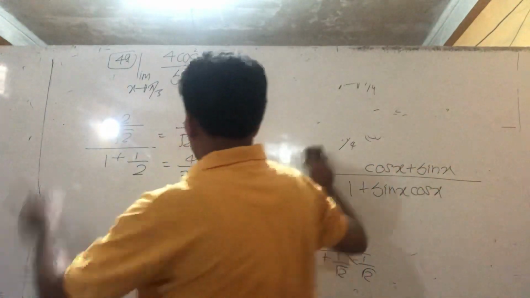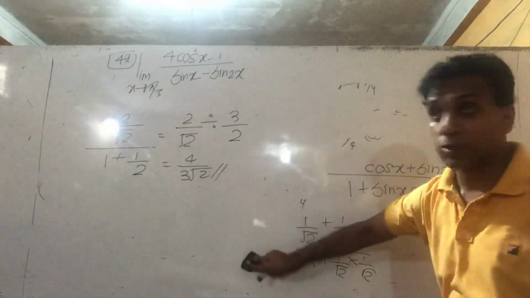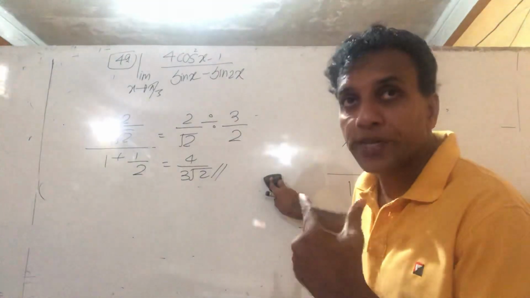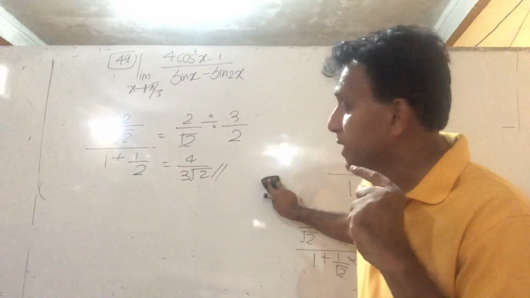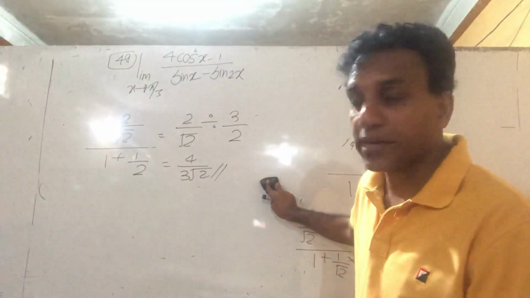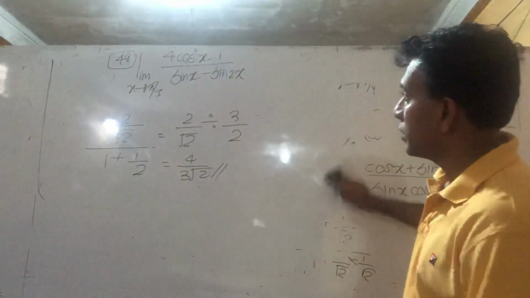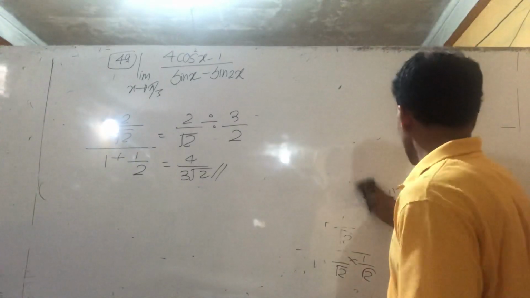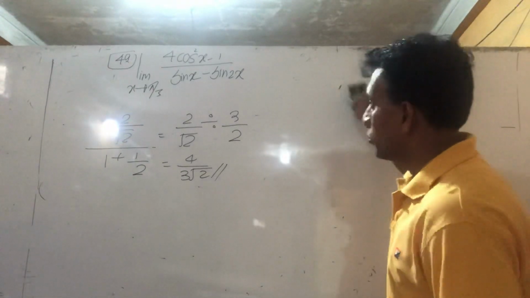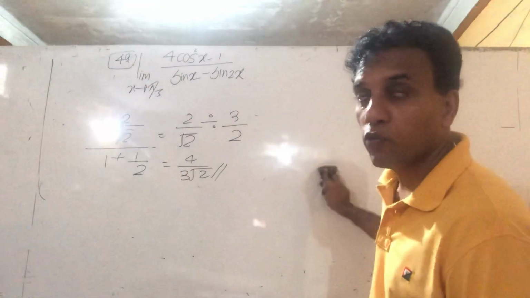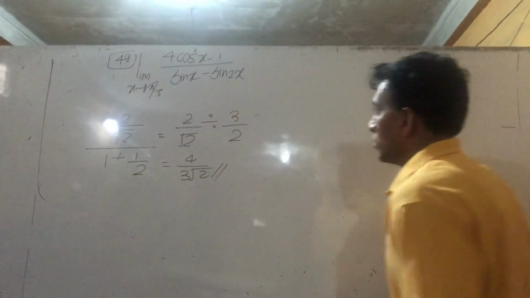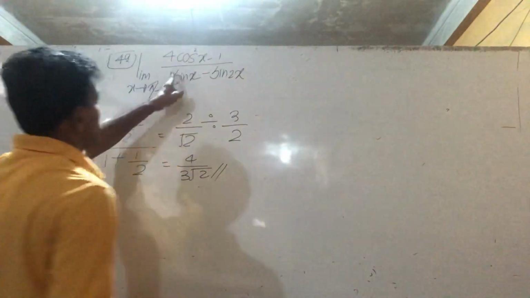So always directly substitute and check. Sometimes direct substitution becomes a unique answer, that means a determinate answer. Then it's correct. Therefore check what happened. Cos 60 degrees is half. So numerator 4 into 1 over 4, 1 minus 1 is 0. Below this is sine.